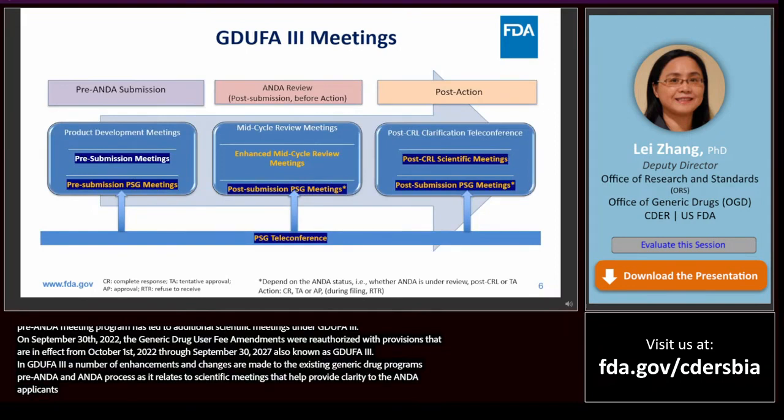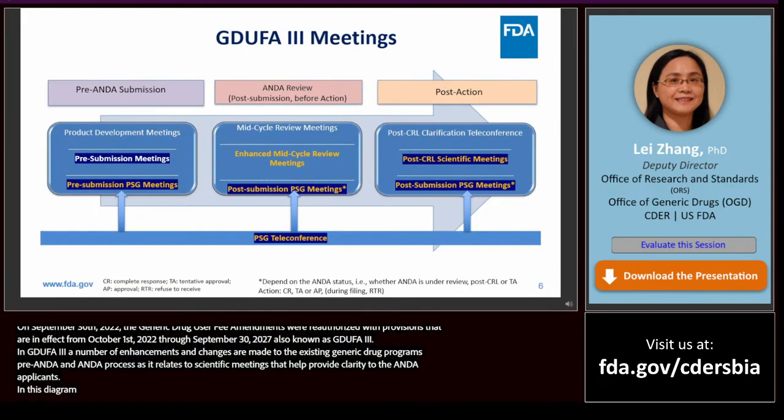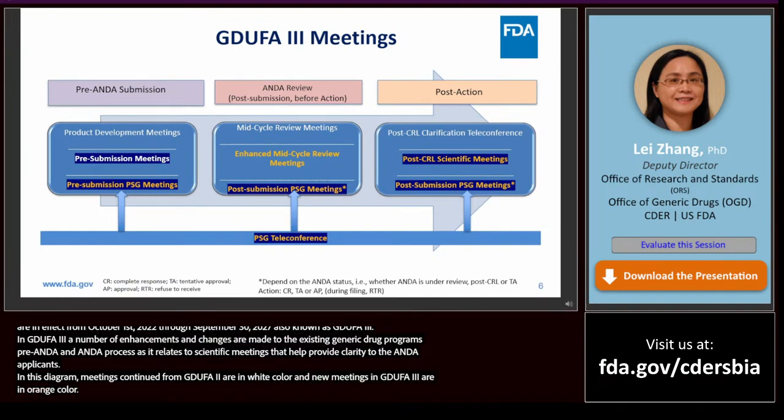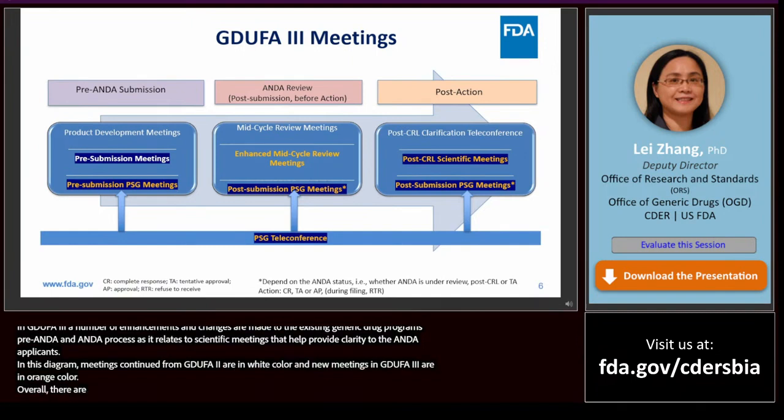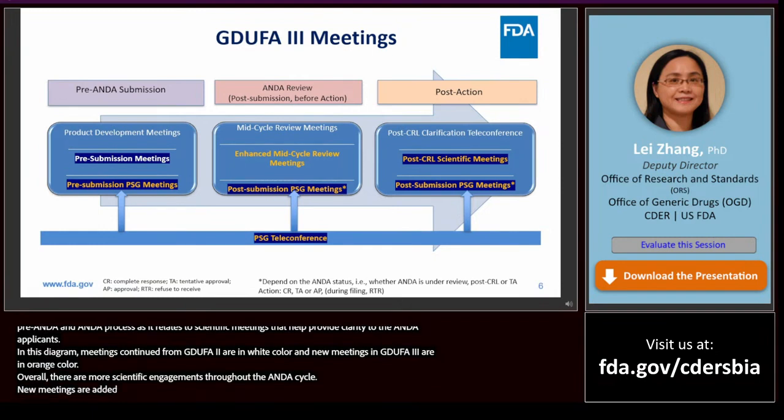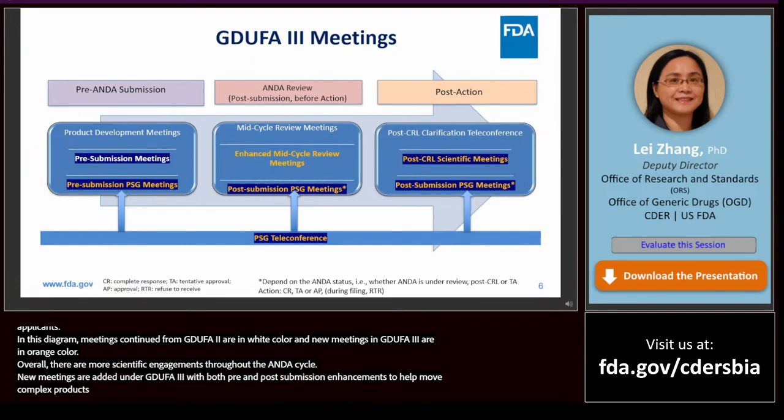In this diagram, meetings continued from GDUFA II are in white color, and new meetings in GDUFA III are in orange color. Overall, there are more scientific engagements throughout the ANDA cycle. New meetings are added under GDUFA III with both pre- and post-submission enhancements to help move complex products and products that need FDA help in general towards approval.